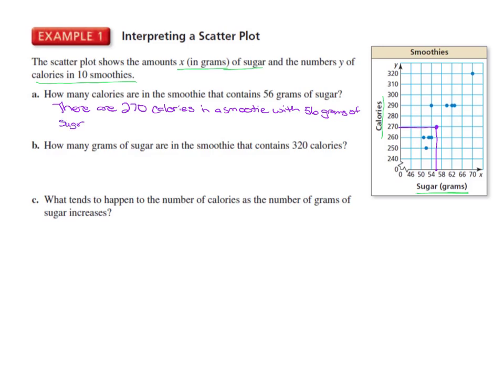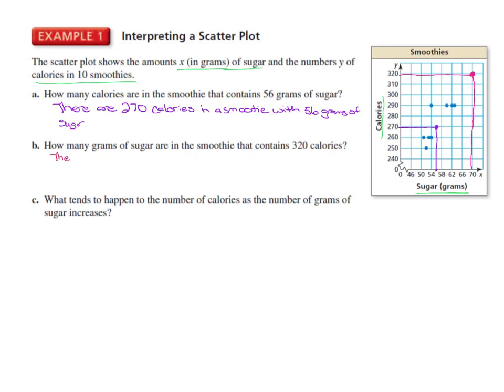Okay, the next question, how many grams of sugar are in the smoothie that contains 320 calories? So I find 320 on the calories and follow my line over till I hit a point, and then bring that line straight down, and I found 70 grams of sugar.